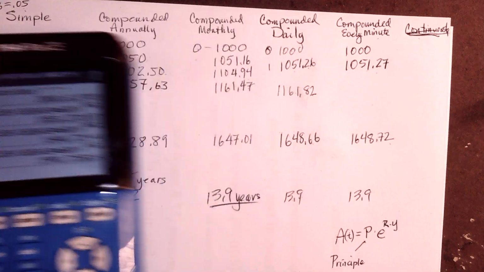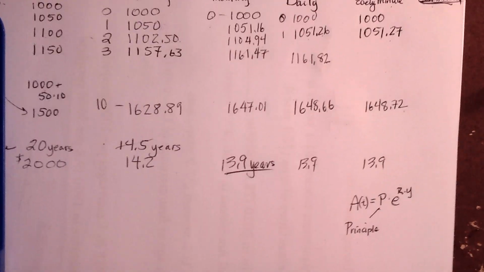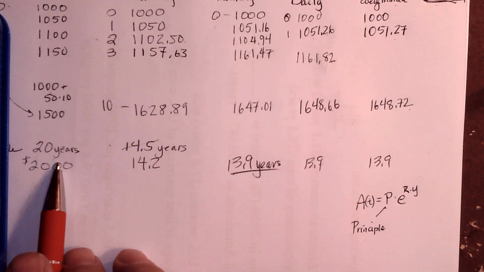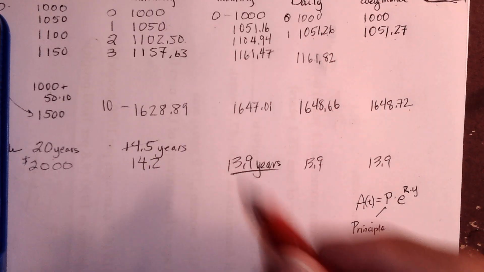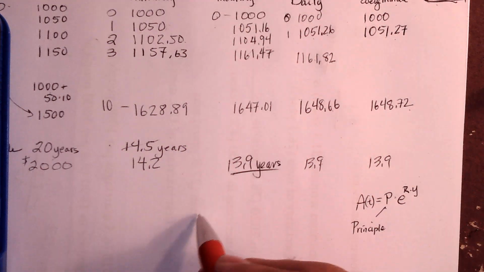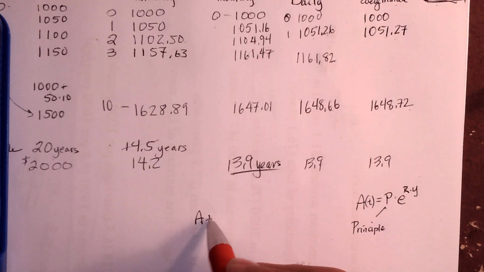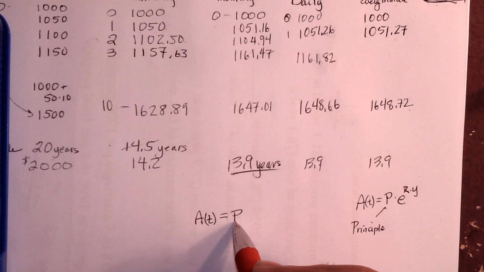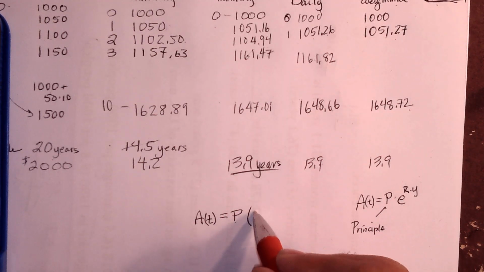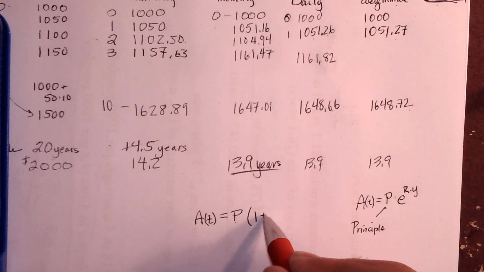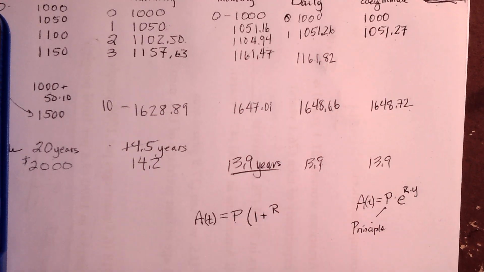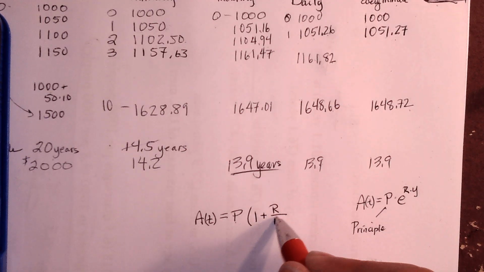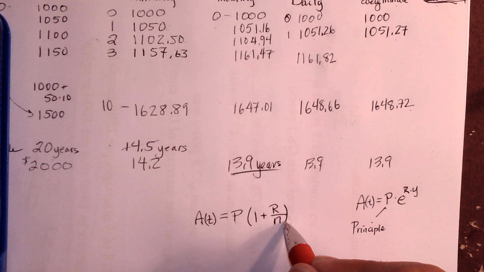We'll do y. Now, if I do formulas for these other ones here, simple is pretty easy to do otherwise, but compounded, let's do monthly. The amount after some time is equal to the principal you put in, that's the $1,000, times 100% of it plus the interest rate, which we use r for, divided by how many times you're going to do it in a year.